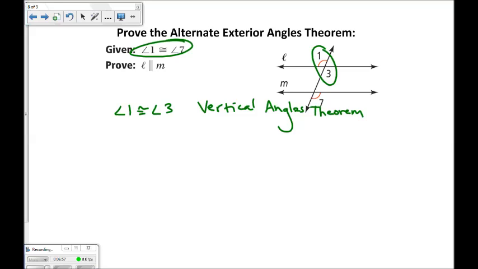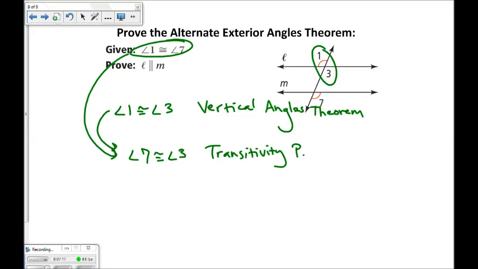Now, since angle 7 and angle 3 are both congruent to angle 1, these two statements tell me that angle 7 must be congruent to angle 3, again by the transitivity property of congruence.